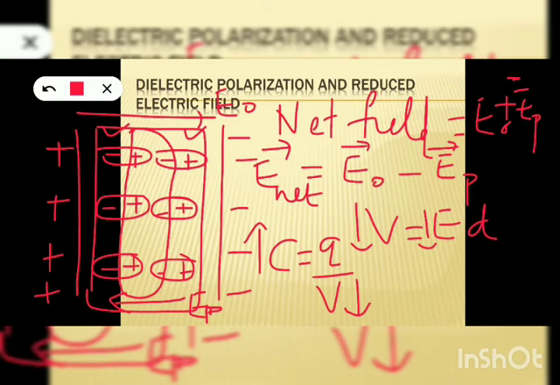So when a dielectric slab is introduced between the oppositely charged plates, the net electric field is reduced, the potential is reduced, and the capacitance increases.